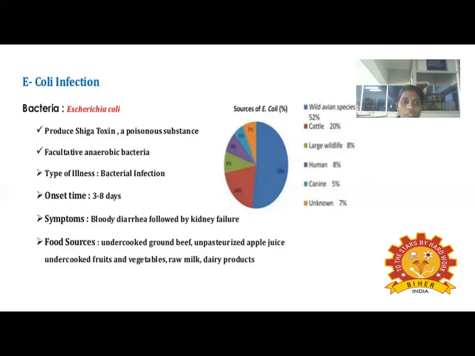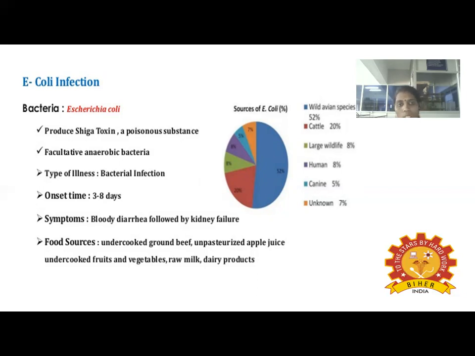It is a facultative anaerobic bacterium. The type of illness is bacterial infection, with an onset time of 3 to 8 days, and symptoms of bloody diarrhea followed by kidney failure. Once this disease comes, it can lead to kidney failure.